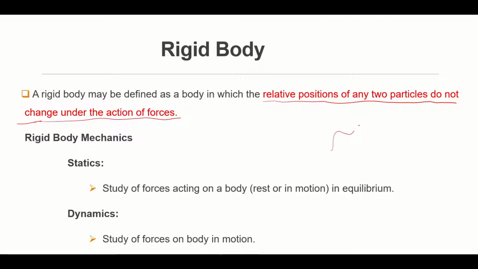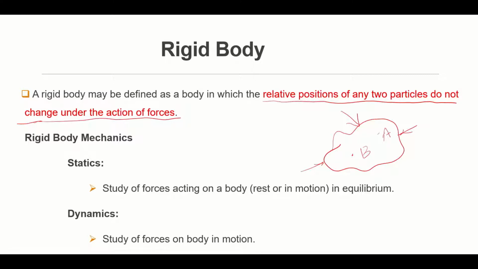If I am considering a rigid body of a regular shape and there are 2 points inside the rigid body, one is A and one is B, and this body is acted upon by any number of external forces, and the relative positions of these particles are not affected, then that body can be called a rigid body.